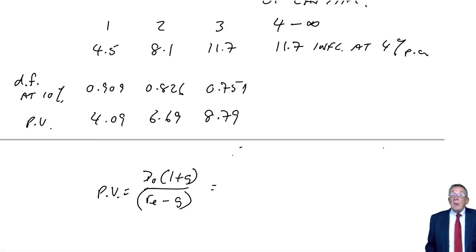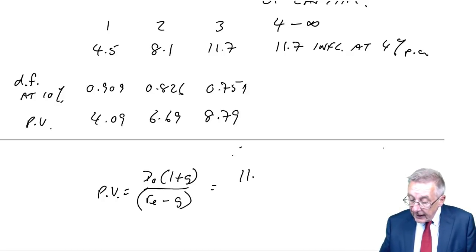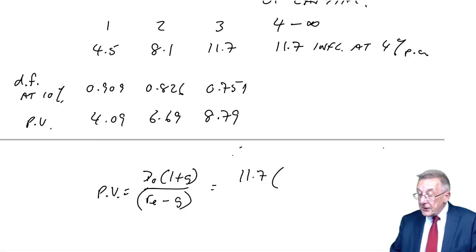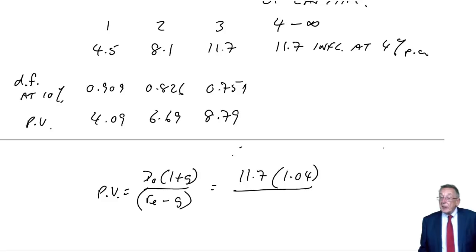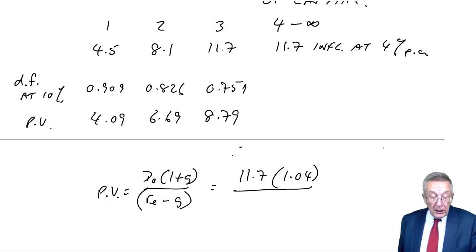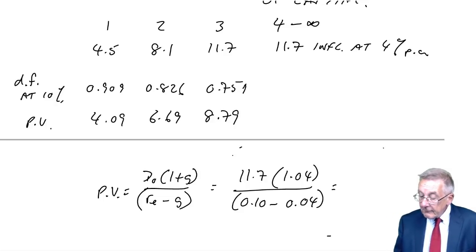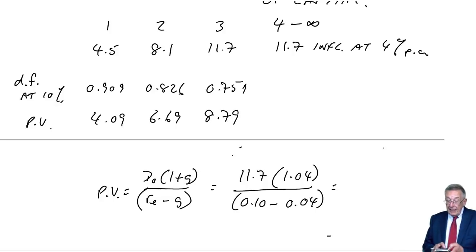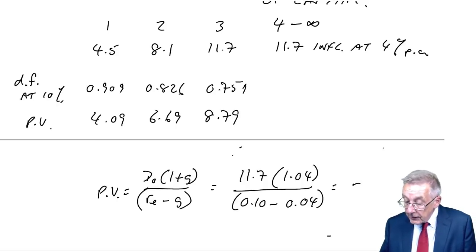But whereas when you're valuing shares, you use the dividend, here we take the cash flow, 11.7, multiply by 1 plus the inflation rate, 1.04. Instead of cost of equity, the discount rate is the cost of capital, 10%, minus the inflation rate, 0.04, which gives us 11.7 times 1.04 divided by 0.06. It gives us 202.8.